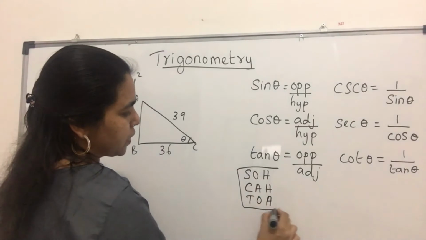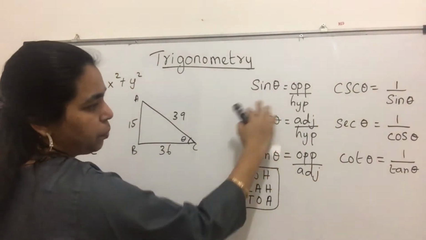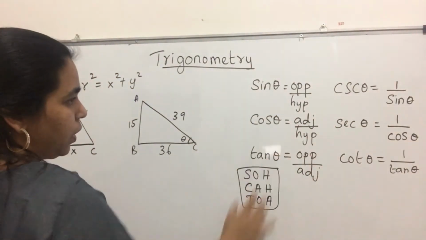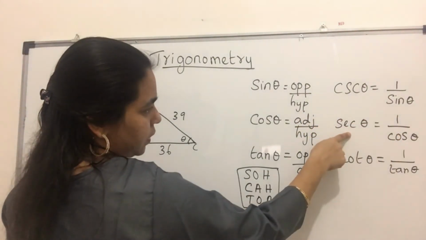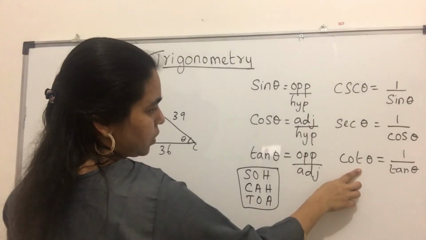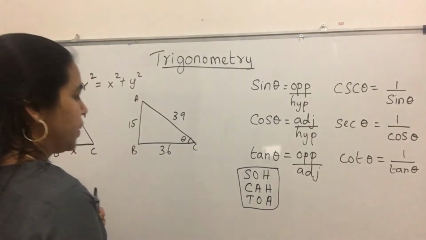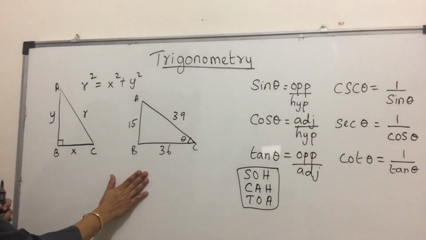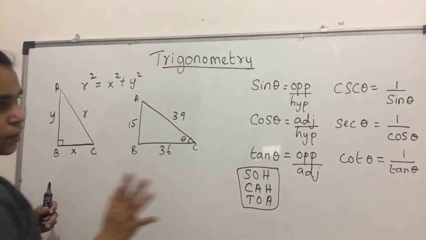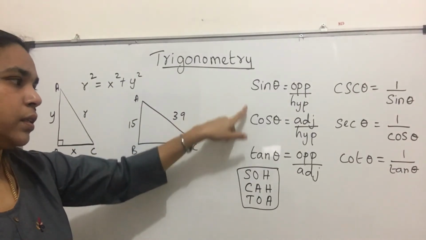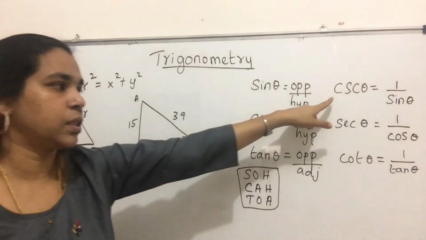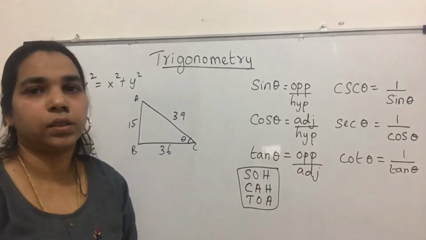You can keep this in mind to remember these formulas. Also, cosecant theta is equal to 1 over sine theta, secant theta is equal to 1 over cos theta, and cot theta is equal to 1 over tan theta. The 6 trigonometric functions are sine theta, cosine theta, tan theta, cosecant theta, secant theta and cot theta.